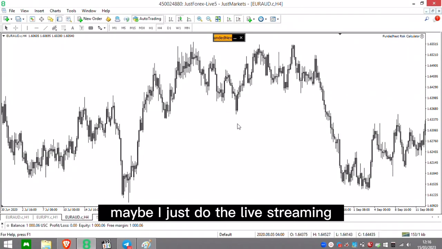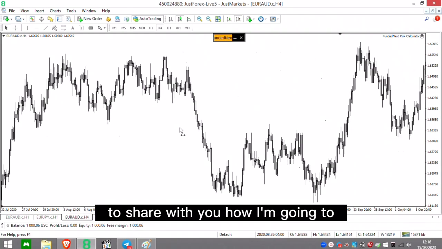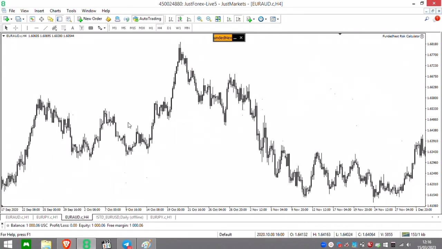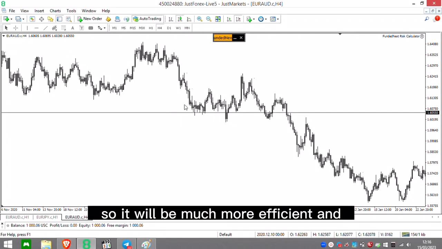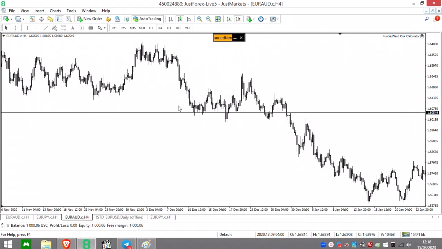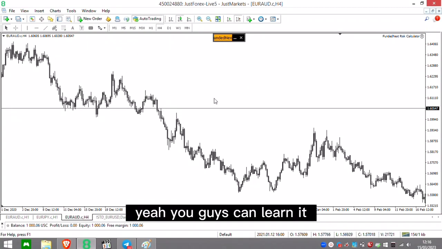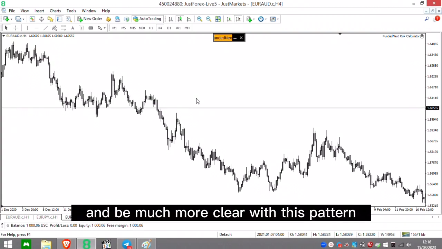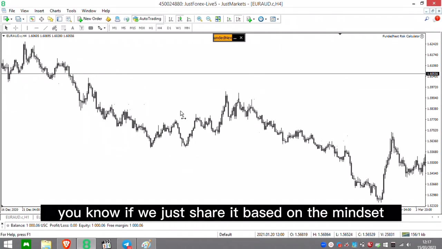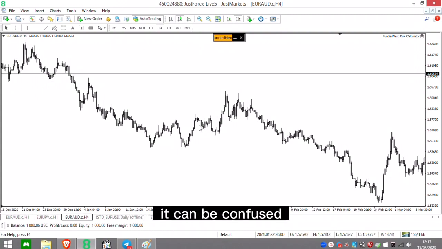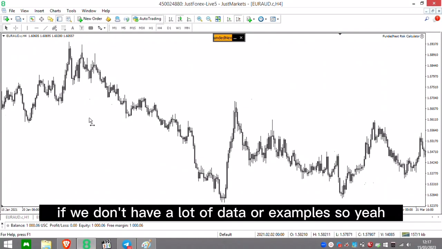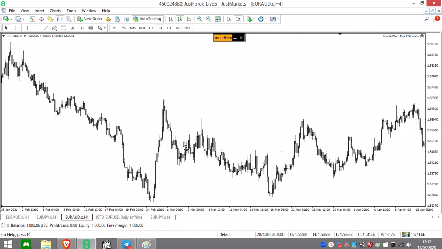Maybe I just do the live streaming to share with you how I'm going to apply this method in real time, so it will be much more efficient, and you guys can learn it and be much more clear with this pattern. If we just share it based on the hindsight, it's quite confusing sometimes. It can be confusing if we don't have a lot of data or examples. So yeah, let's try it out.